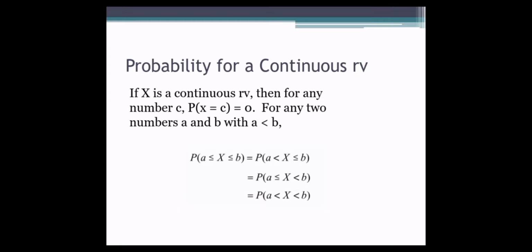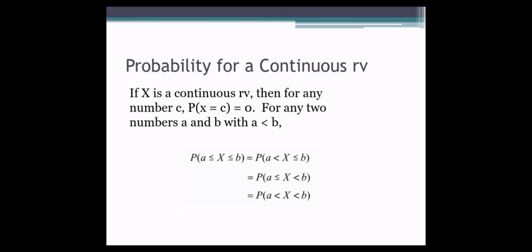Next is probability for a continuous random variable. If x is a continuous random variable, then for any number c, the probability that x is equal to c is equal to 0.